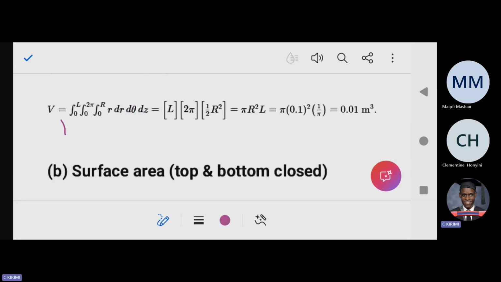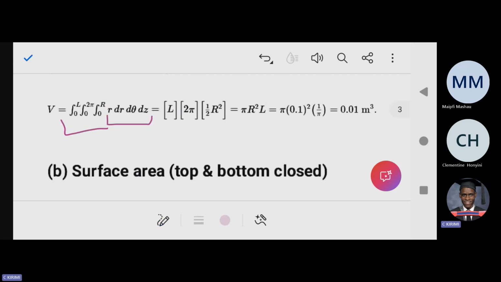And always you add this r: r, dr, d theta, dz. That is the volume element. Always add r dr, d theta, dz. Any question?